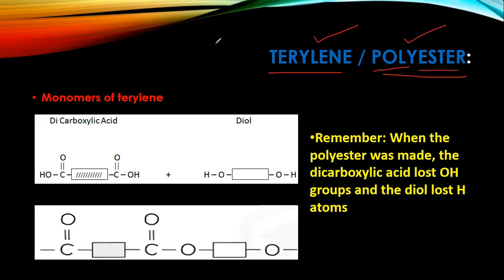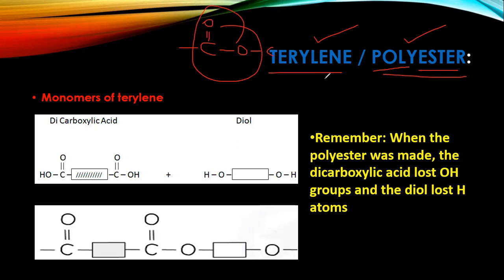Ester, you know very well, this is the ester bond, dear students. I told you in the beginning of the video, this is the ester bond, right? So polyester means this bond will be formed many times in this polymer. That's why we call it polyester.